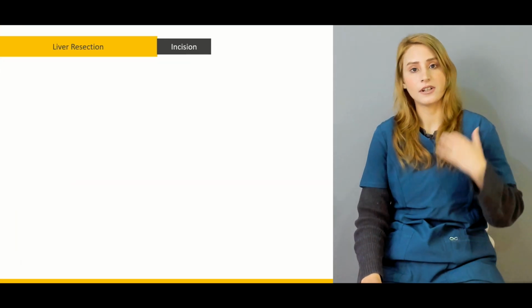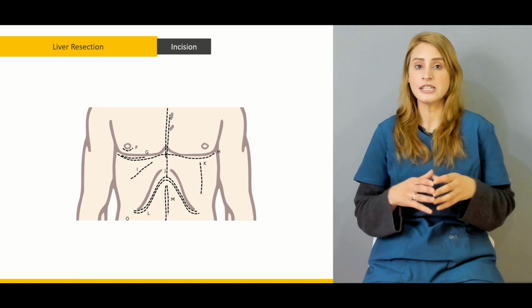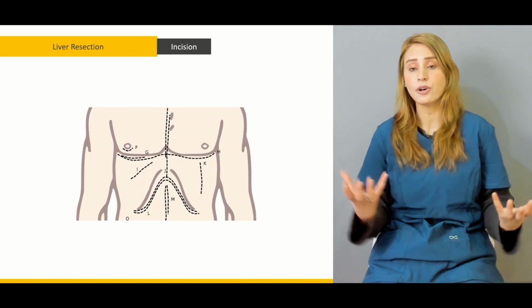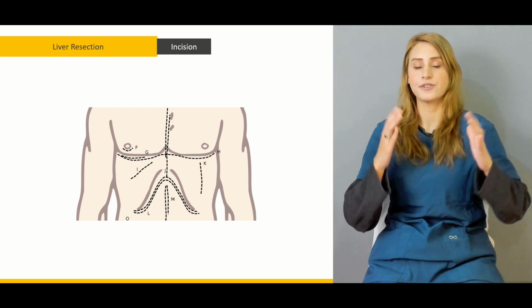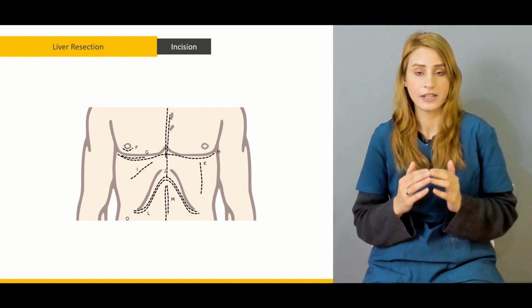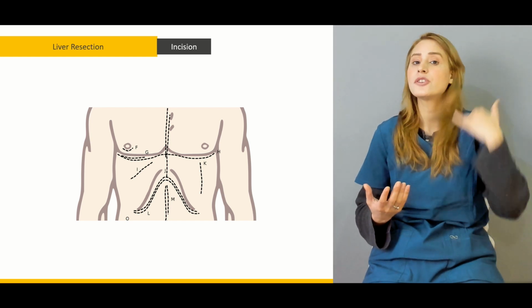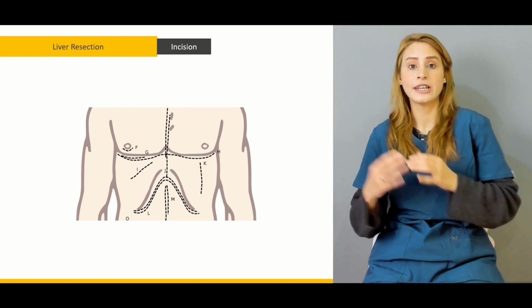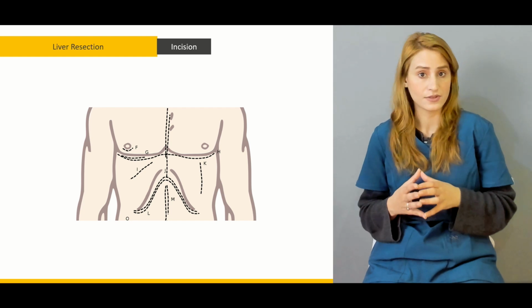So just moving to today's topic, first of all, you need to know a little bit about the anatomy. If we talk about the surface anatomy of the liver, we know that there's the upper margin of the liver and there's a lower margin of the liver. Usually the upper margin of the liver can extend to the second costal cartilage.